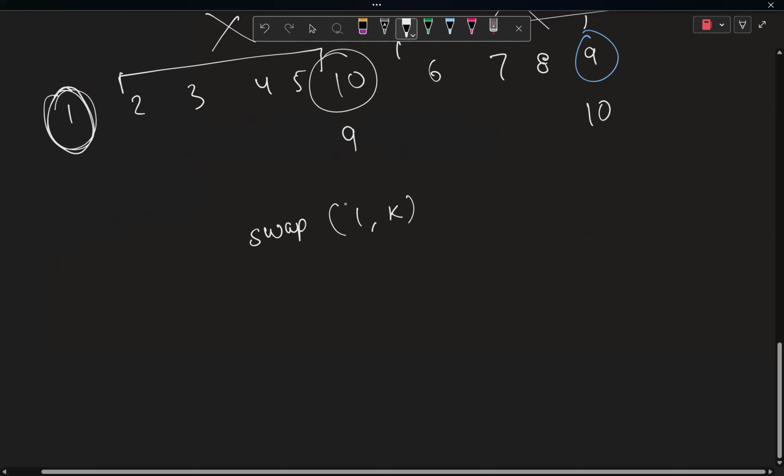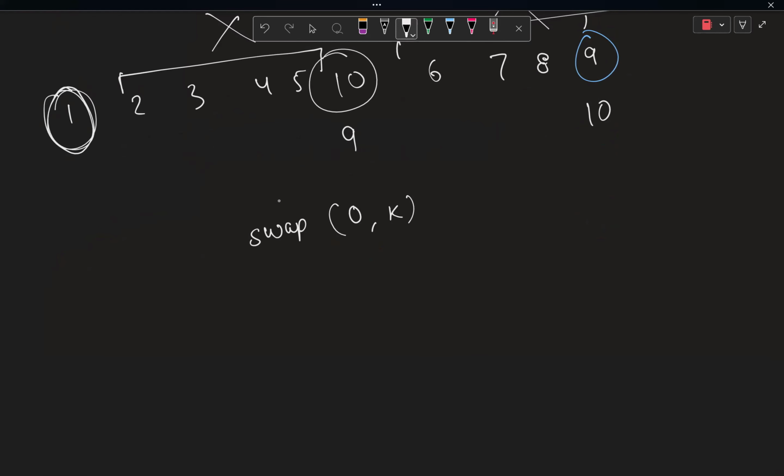In case you're coding, you would most likely have zero based indexing, so just swap 0 comma k if you're having zero based indexing. After that, check the cost, like just find out the number of games you are able to win. Just check the number of games you can win.